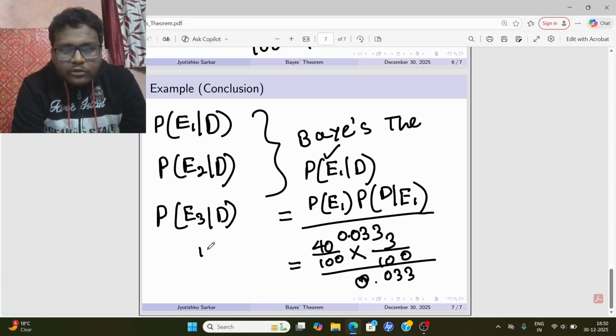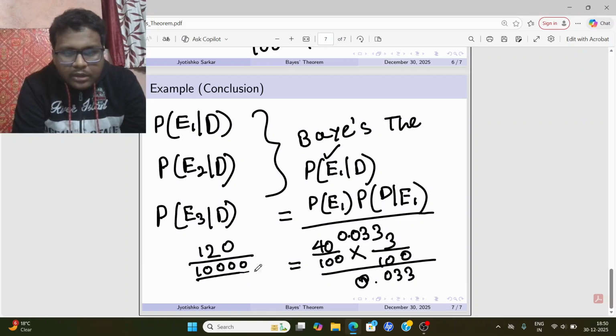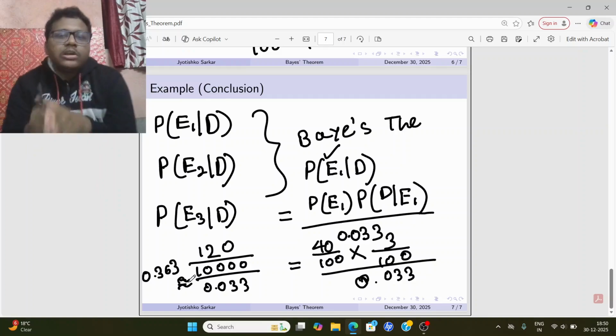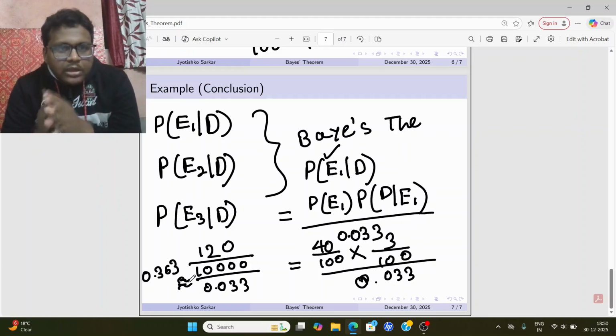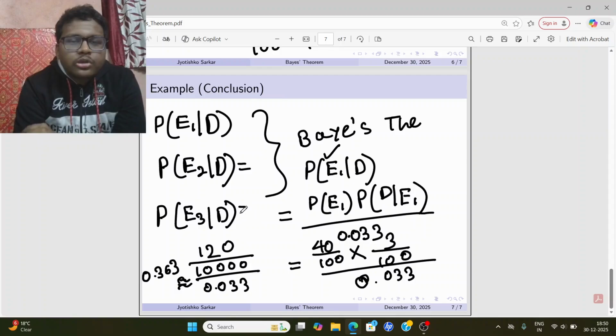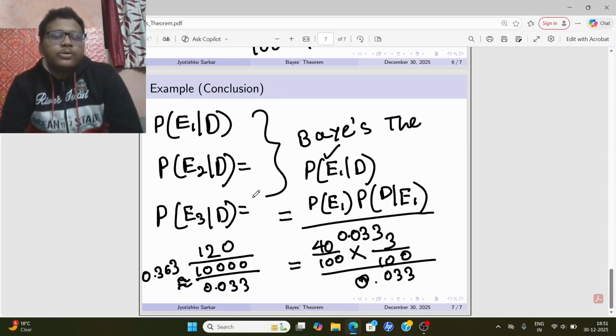So that is 120 divided by 10000, 4 zeros are there, and divided by 0.033. So our answer will be 0.363 approximately. So that's how we use the Bayes theorem in our problem solving. So now I hope you can easily calculate this and this also. So write down the answer in the comment box and see you guys in the next video.